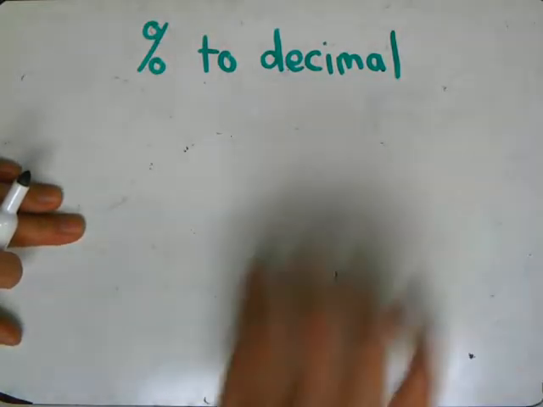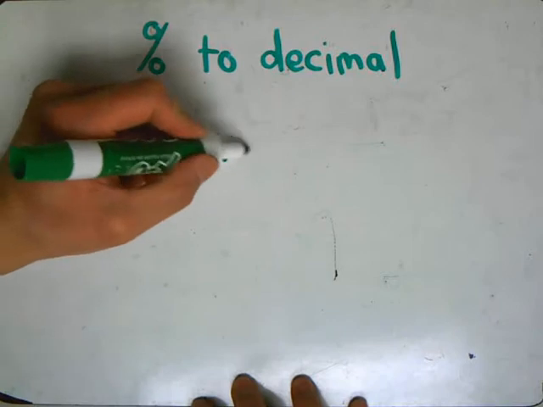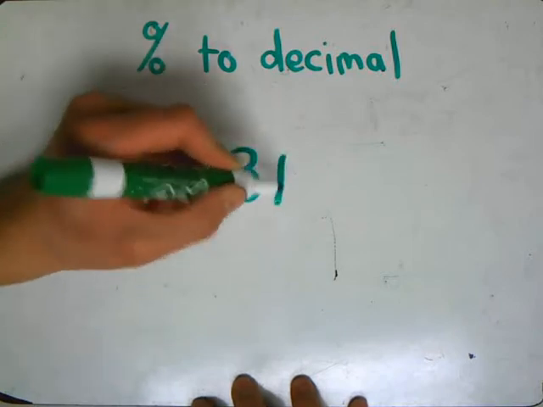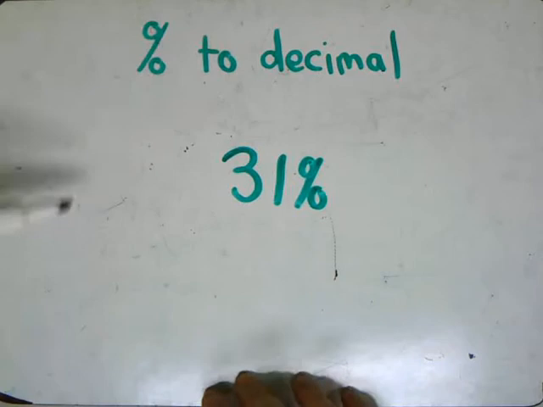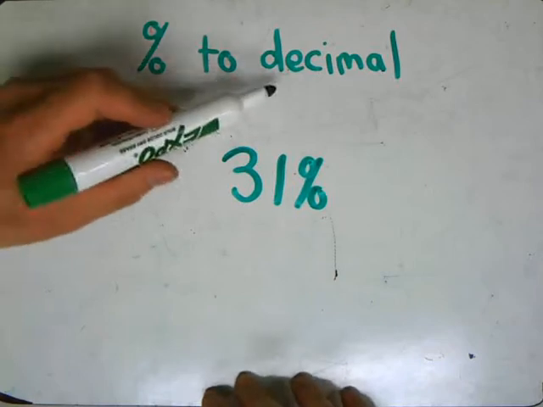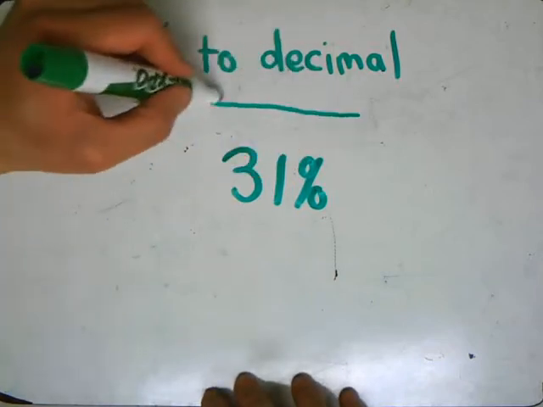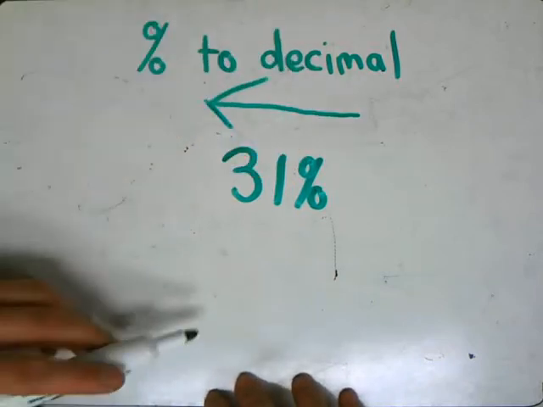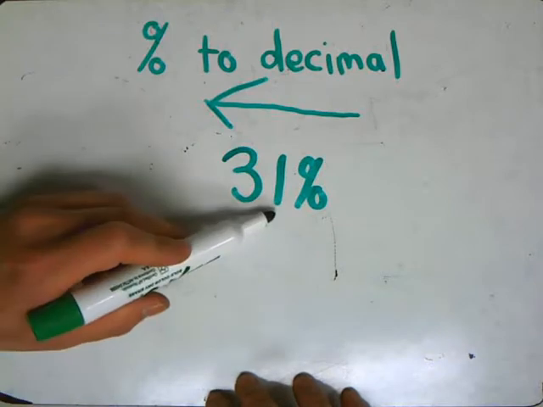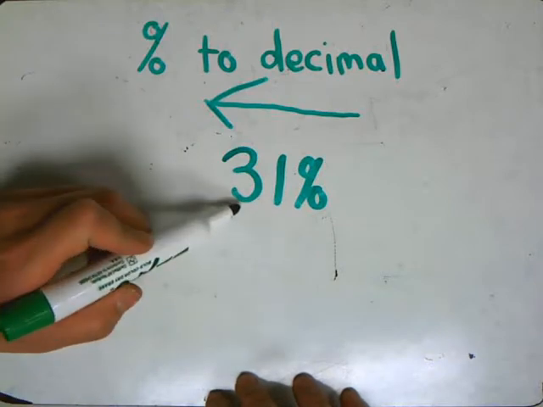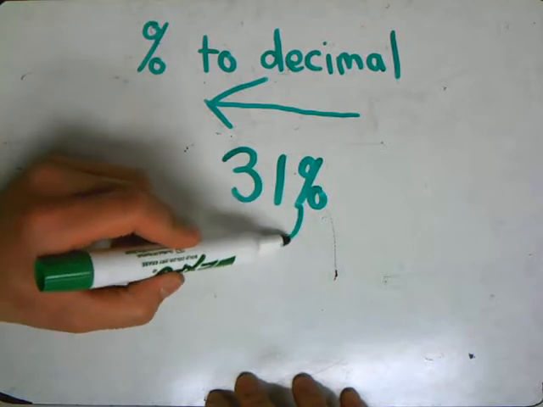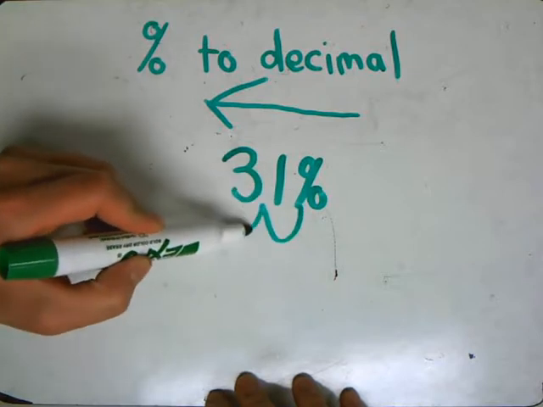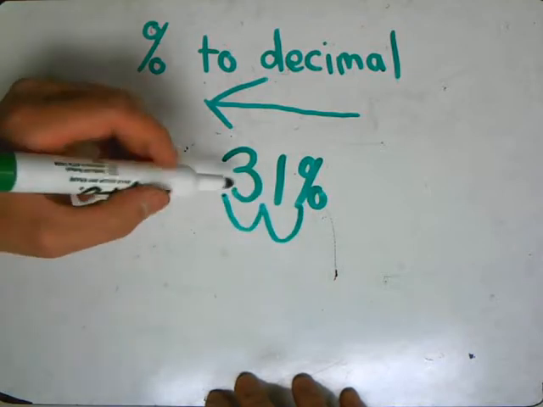Alright, let's try a different one. Let's say I gave you 31%. Once again, in order to get a percent to a decimal, you want to move 2 place values to the left. So I know that I have a 1 in the ones place and a 3 in the tens place. Let's take our percent and let's move it over 1, 2 place values to the left.